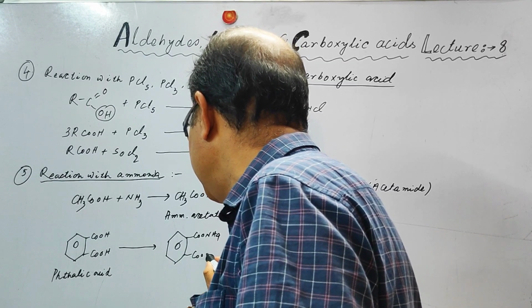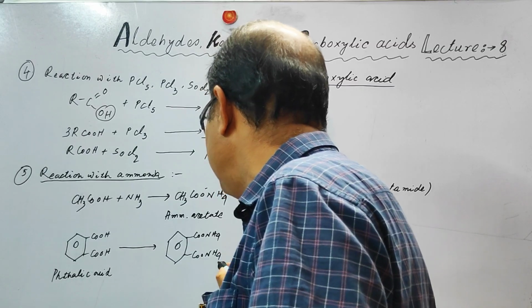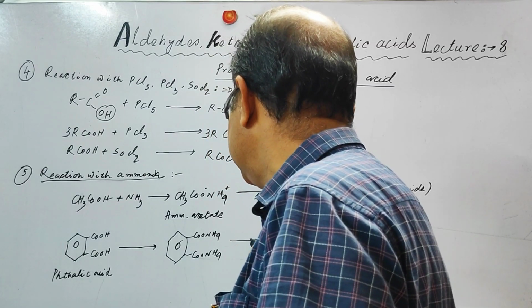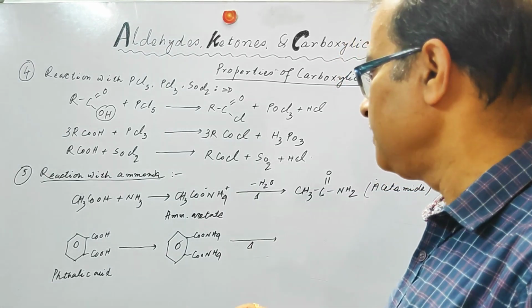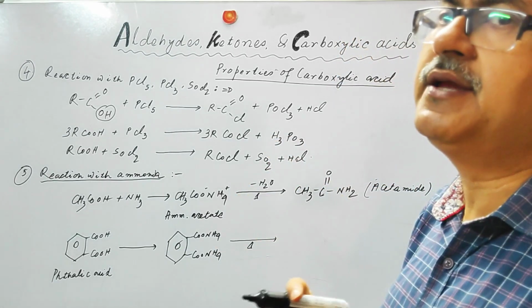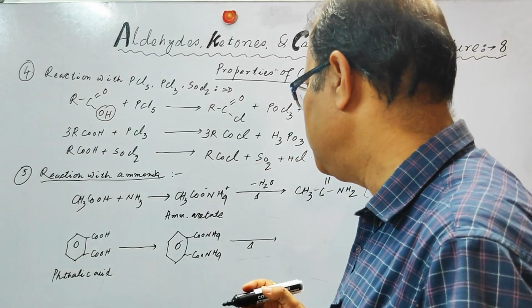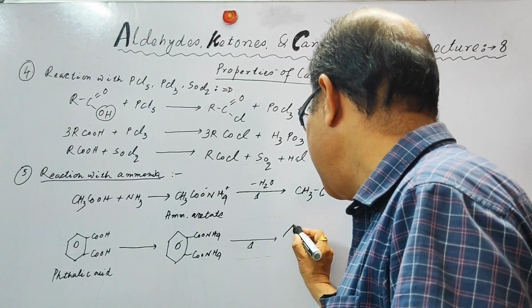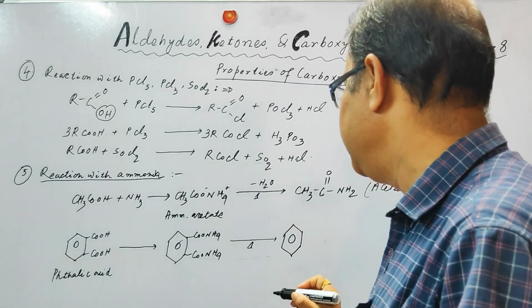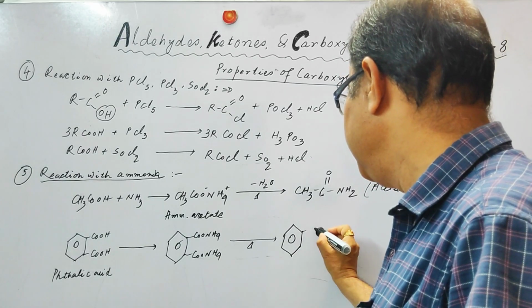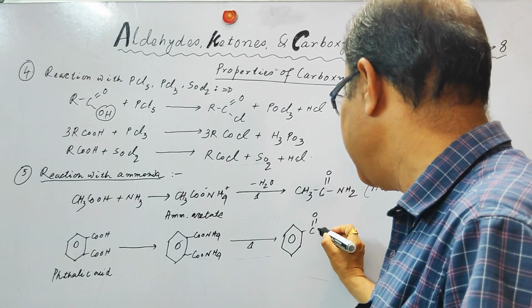This is ammonium phthalate, and when it is heated, it will eliminate 2 molecules of H2O and produce phthalamide.